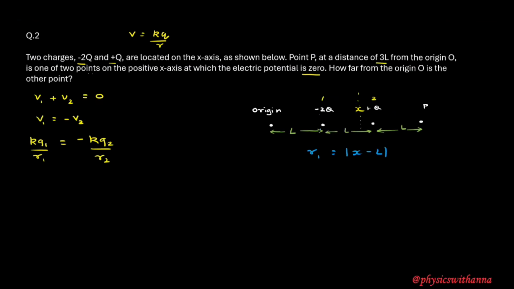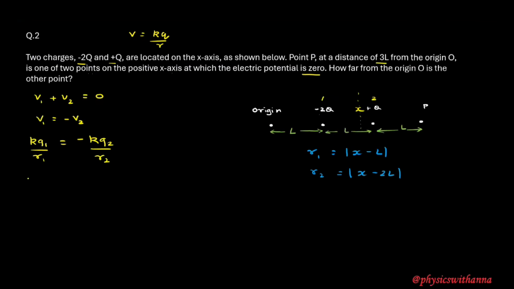Negative 2Q is at a distance of L from the origin. Subtract this from X to get R1. R2 is the distance of charge 2 from X, which we can take as mod X minus 2L. I'm taking the absolute value because we do not know the position of point X, so I cannot determine whether this distance will be positive or negative with respect to X.